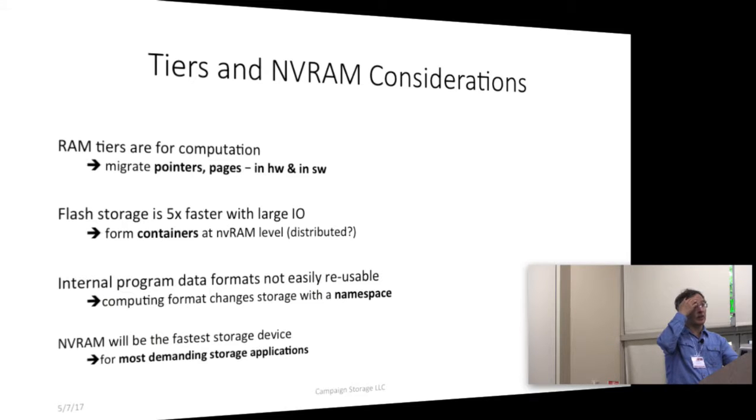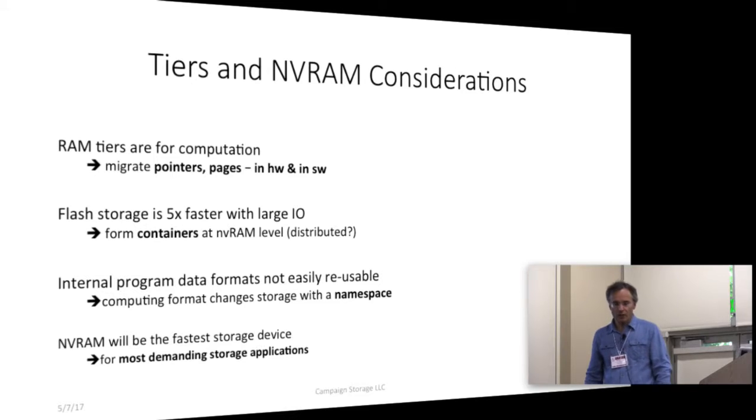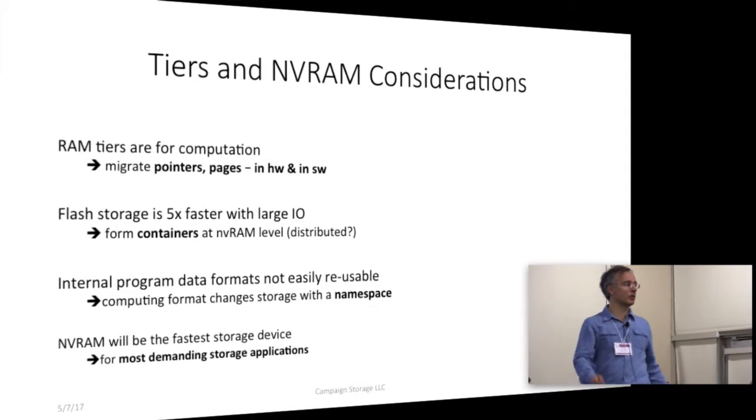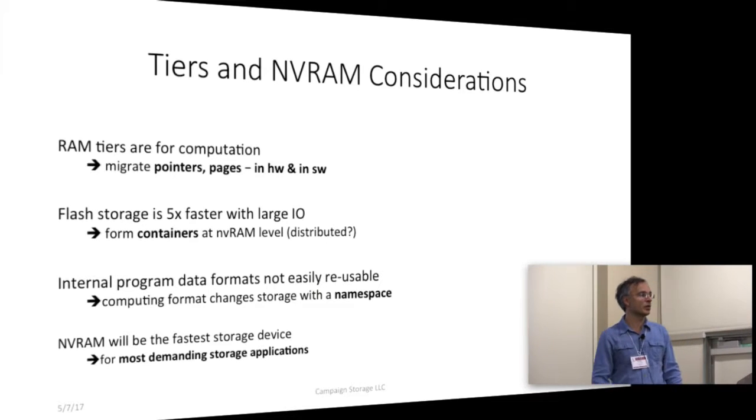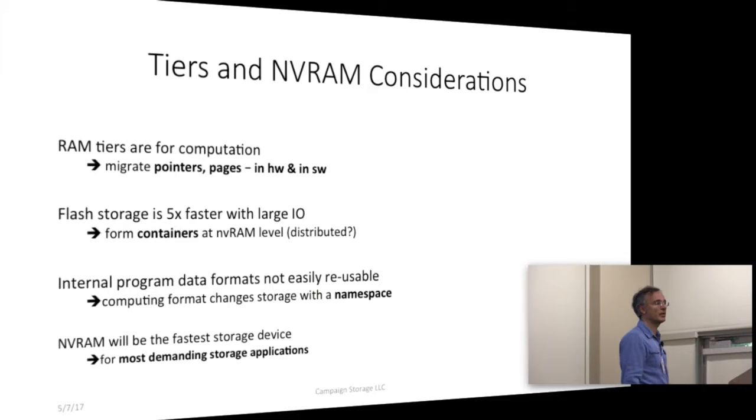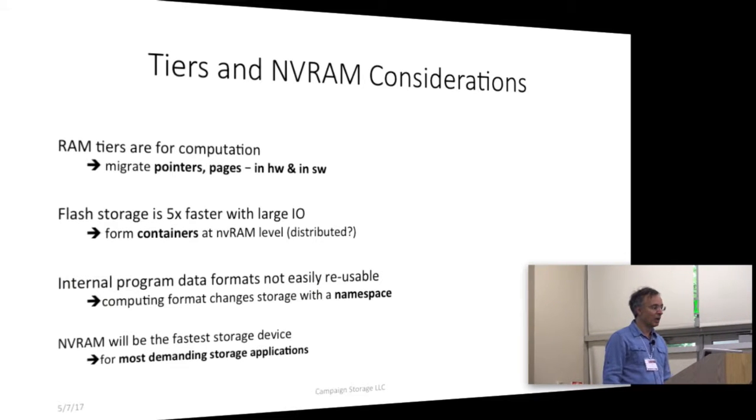Another thing that you see with tiers is that starting at flash, tiers are very, very sensitive to the size of I/O. Flash is already 5 times faster on big I/Os than on small I/Os, and with disks, that number becomes even bigger. This really means that there is a need to aggregate small I/Os into big I/Os when you go down the tiers. You can't do the same thing at different tiers.